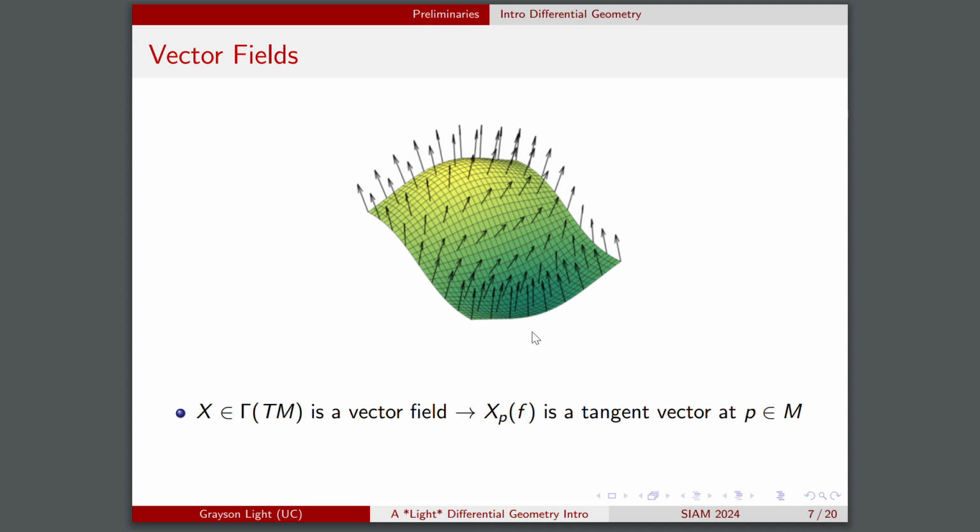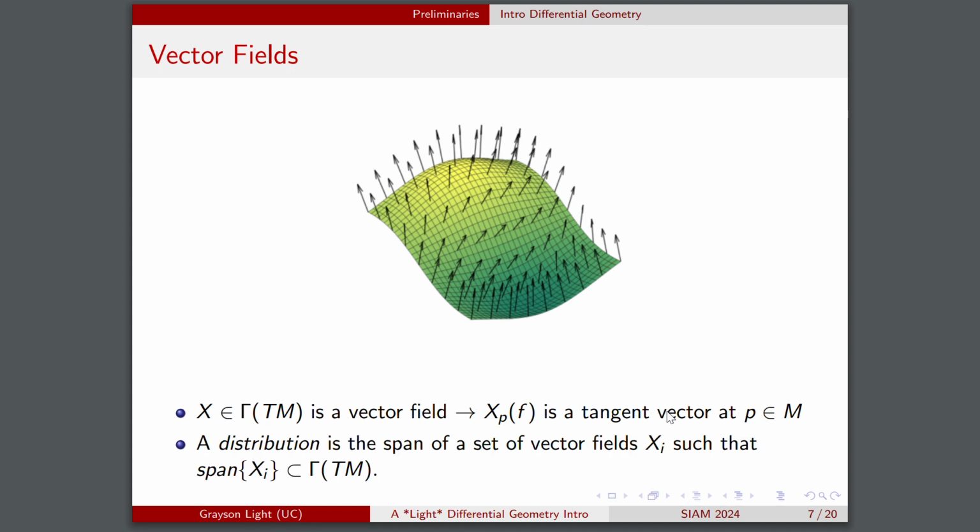Vector field X, we can take a point P on our surface, say this point here, and then plug in some function f that's sufficiently smooth to get this arrow, this tangent vector, out of it. We can do this across this manifold, this surface. Now, for our purposes, we will need distributions, and for us, distributions will be considered as spans of vector fields that still lie in that tangent bundle TM.